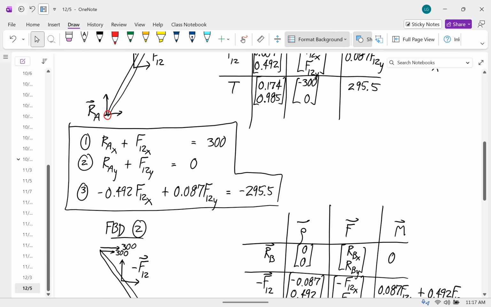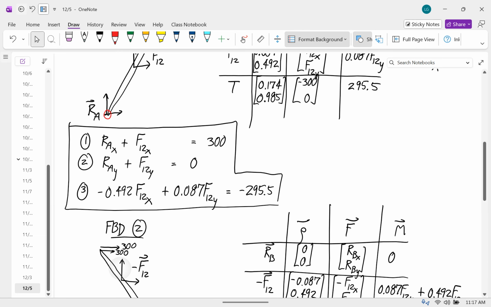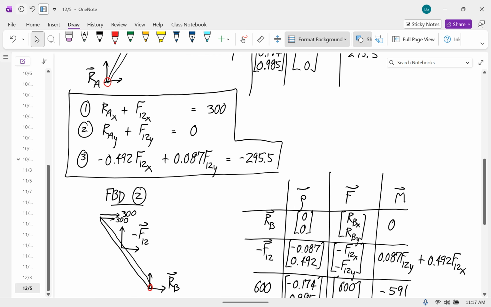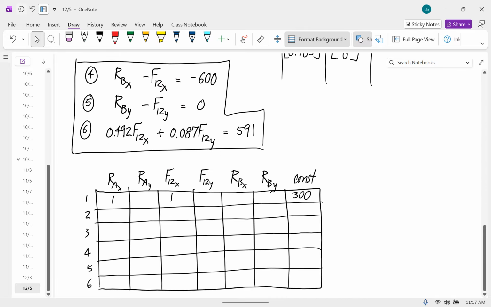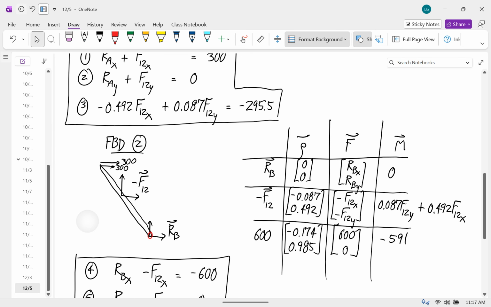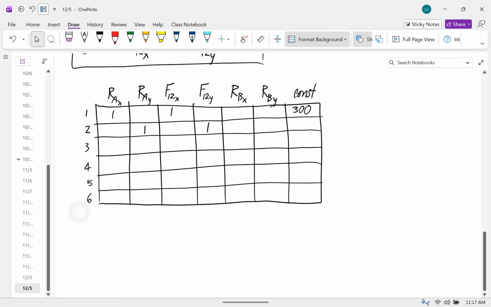Let's see. So equation 1, RAX and F12X are 1, and the constant is 300. Then we have RAY and F12Y. Then negative 0.492.